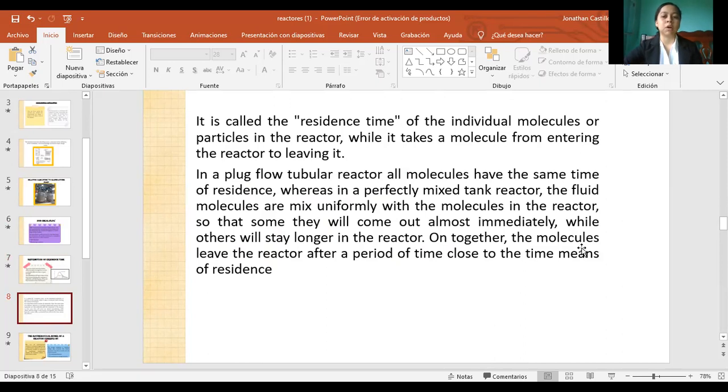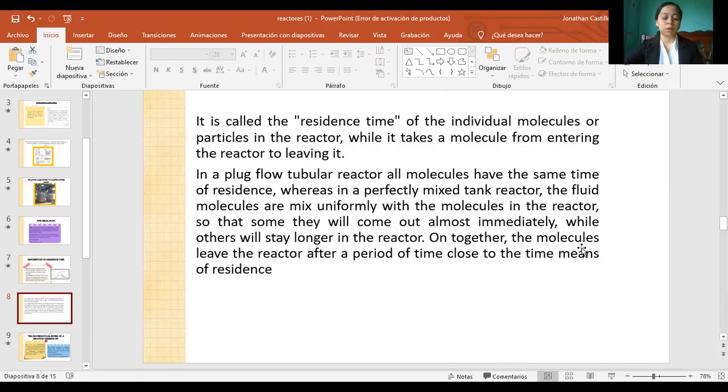On this scale, the residence time of the individual molecules or particles in the reactor differs. In an ideal plug flow tubular reactor, all molecules have the same residence time, whereas in a perfectly mixed tank reactor the fluid molecules are mixed uniformly with the molecules in the reactor, so some will come out immediately while others will stay longer.